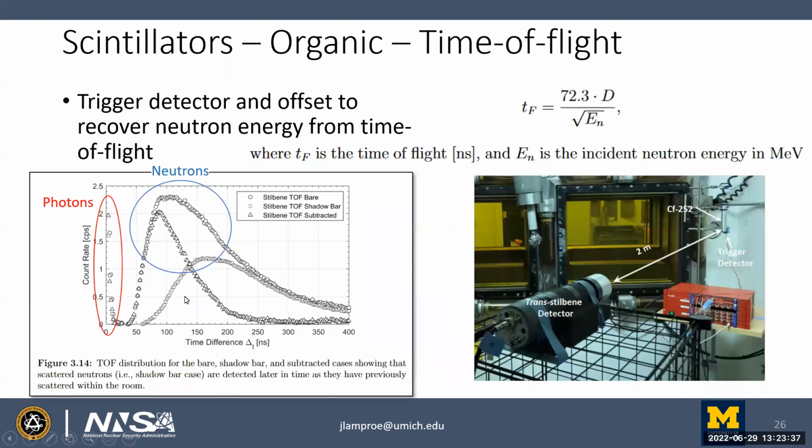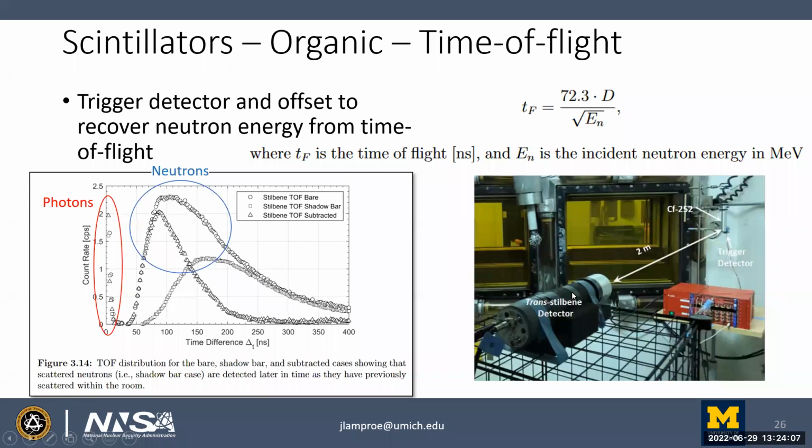Another type of measurement that we can do is time of flight, and we can use this to get the kinetic energy of the neutrons. Basically what you're doing is you have two detectors. You have a trigger detector, which is basically just telling you when to start your count. And then you have another detector that tells you when to stop your count. The goal here is to measure the time between the detection at the trigger detector and the detection at the other detector.